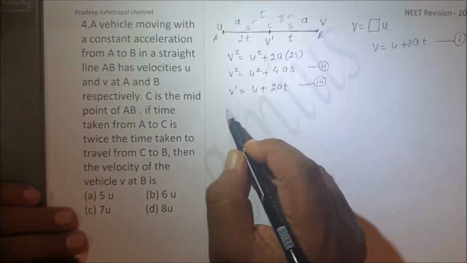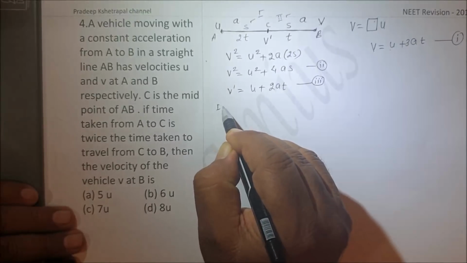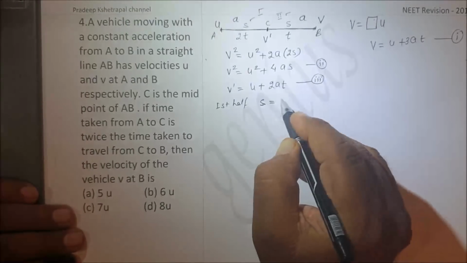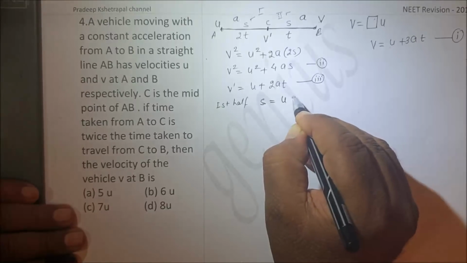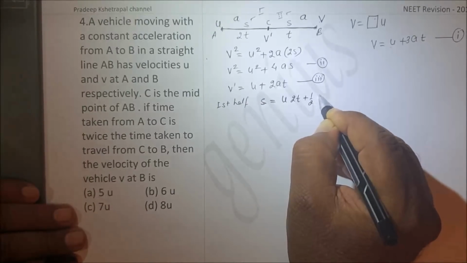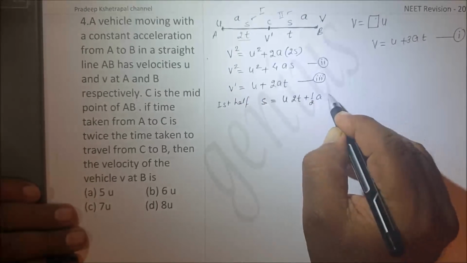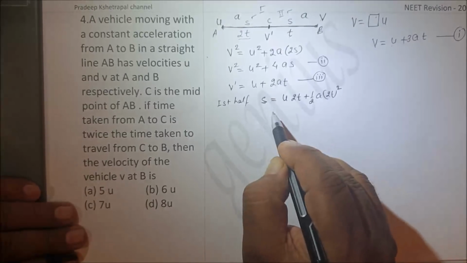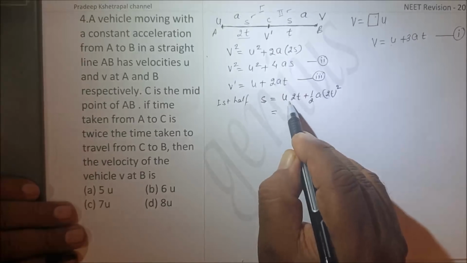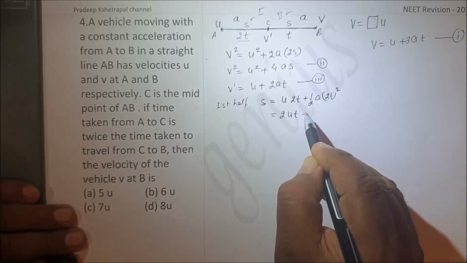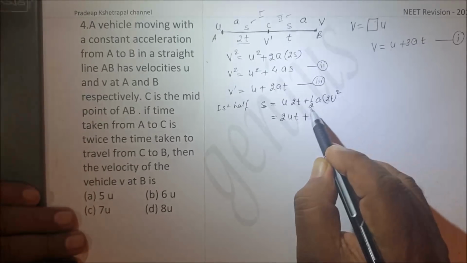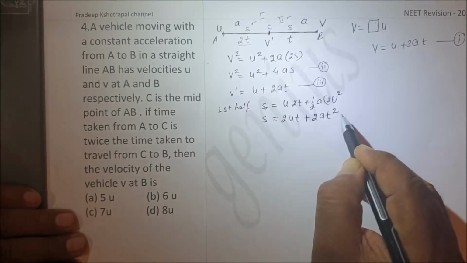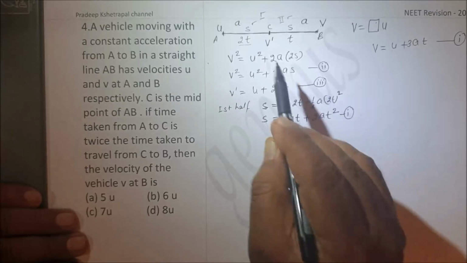So for the first portion, s is equal to ut plus half at squared, u into t plus half a into t squared, 2t squared. So this comes out to be 2ut plus 2at squared, since 4t squared and the half cancel. This is the value of s which we have got from the first.